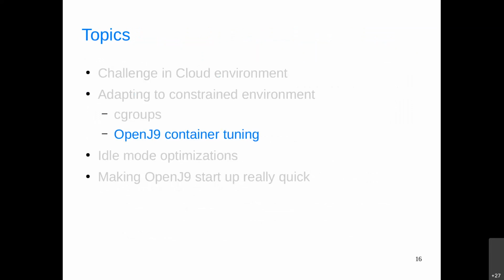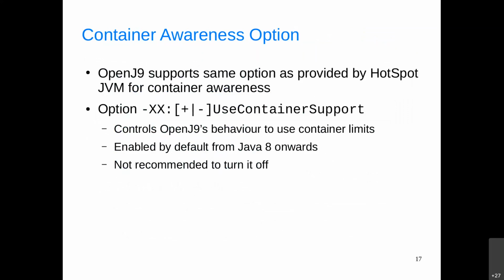Now we look at some of the tunings and some of the improvements that we have made in OpenJ9 when running in a container environment. So the first option is called UseContainerSupport, and it controls whether OpenJ9 should use the container limits or not.